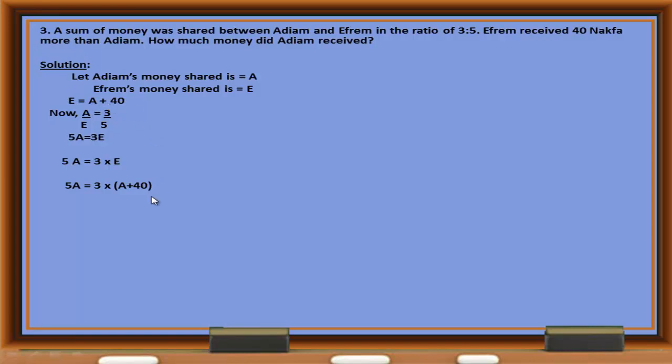Then 5A is equal to 3A plus 120, that is 3 times 40. 5A minus 3A is equal to 120, that is collecting like terms. 2A is equal to 120. Divide both sides by 2, then A is equal to 60. Adam received 60 nafa.